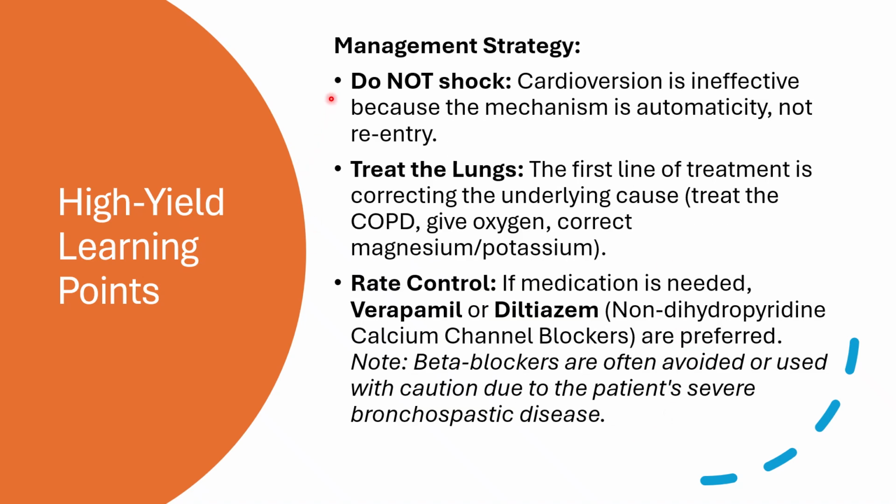So how would we go about managing MAT? It is not a shockable rhythm. Cardioversion is ineffective. How we would treat it is we treat the lungs, we treat the underlying cause that precipitated the multifocal atrial tachycardia and try to correct it.